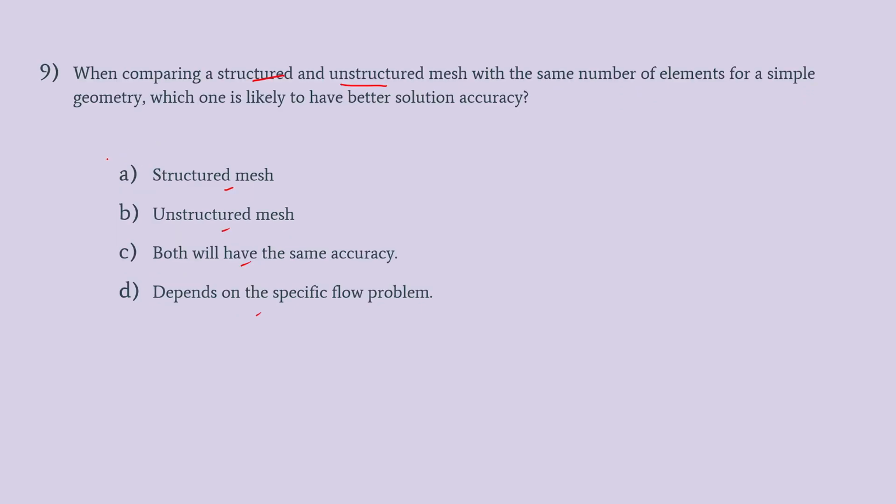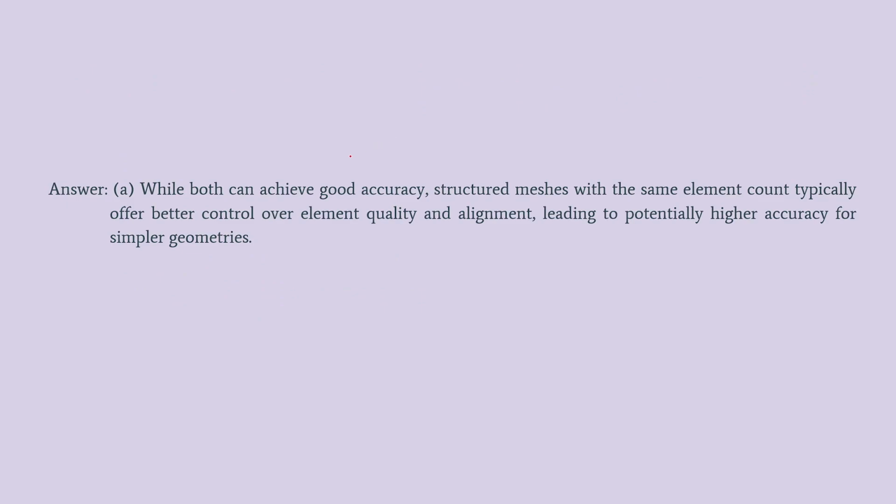So option A, that is structured mesh, will give better solution accuracy when both of them have the same number of elements, because of the structured element, even the simplest example you can understand. These are two structured elements, and this is an unstructured element, triangular.